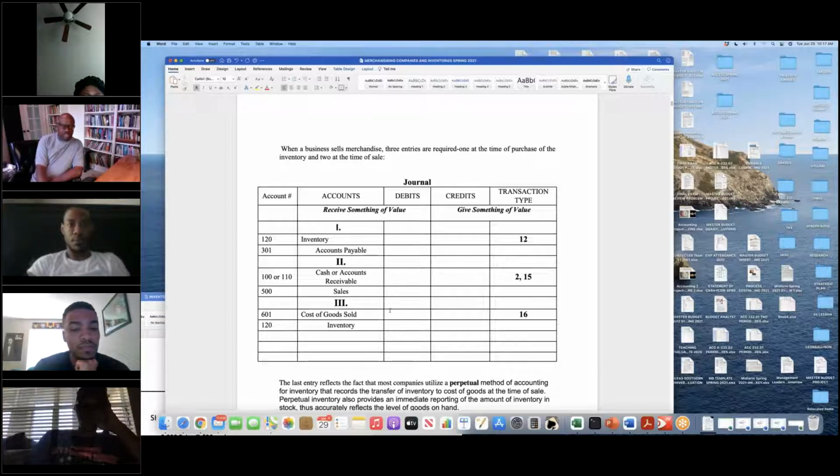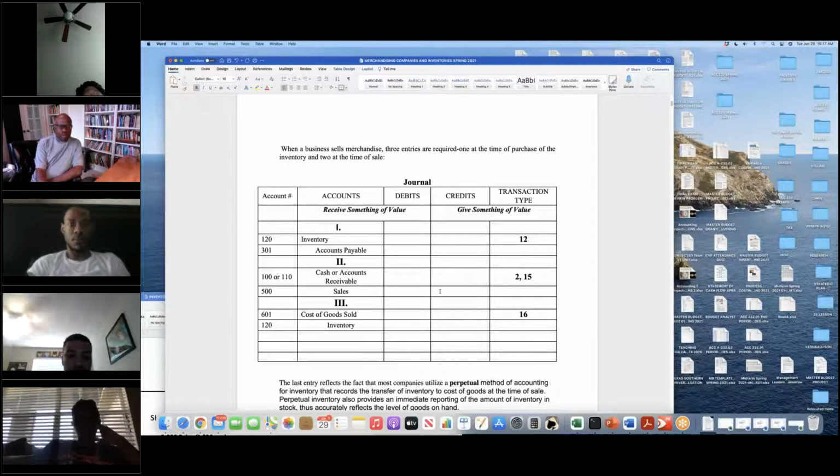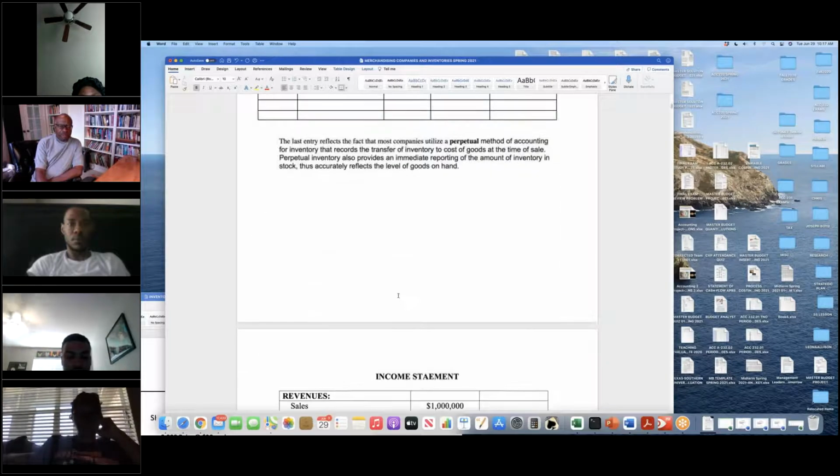We're using a perpetual inventory method where we're keeping track of the inventory as it's sold, and that's typically done in most cases. But a key thing here, if you sell something that you bought, it's no longer an inventory, so you debit cost of goods sold and credit inventory, with the hope that you made a profit.